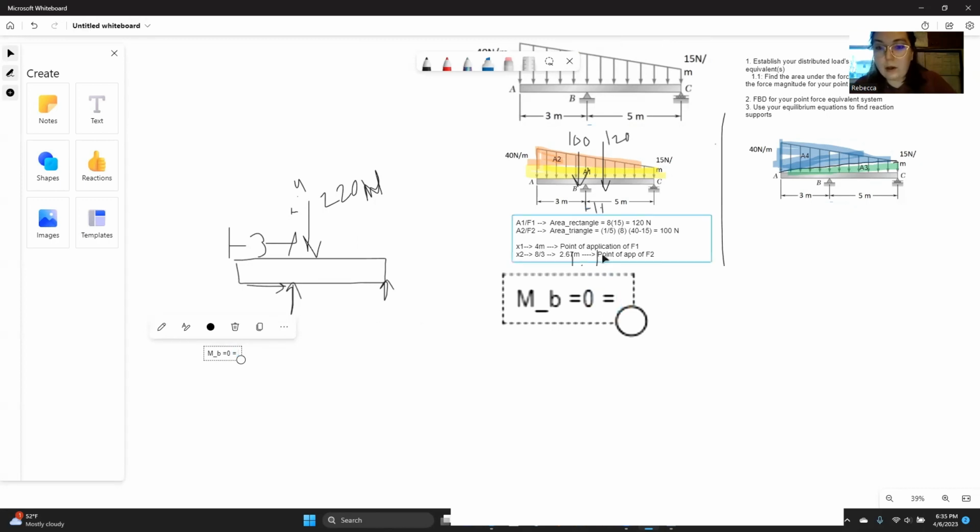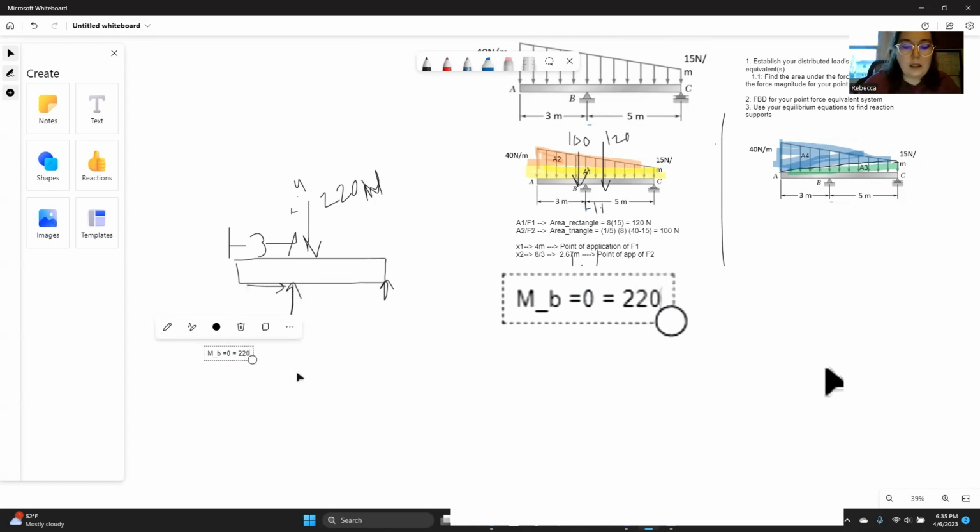So those two would have no impact. This 220 newton would have an impact. So 220 newtons is going to be acting at a perpendicular distance of 0.4 meters away from point B. If we were fixed at B, this 220 newton force would cause a clockwise motion. So in our class's convention, we consider that negative.